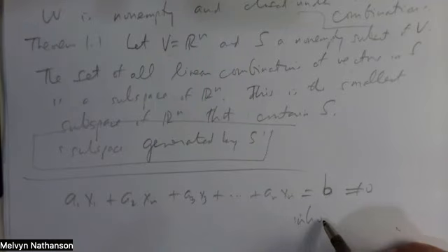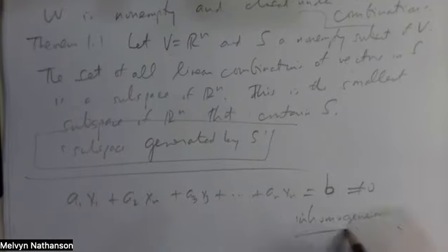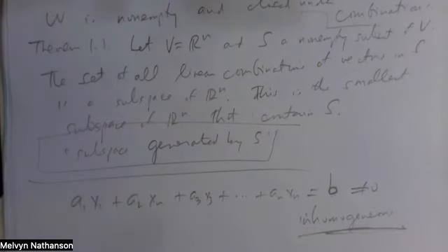Then this equation is called inhomogeneous. And what can we say about the solutions of an inhomogeneous equation? That's the next thing we have to look at. Let's take a look.